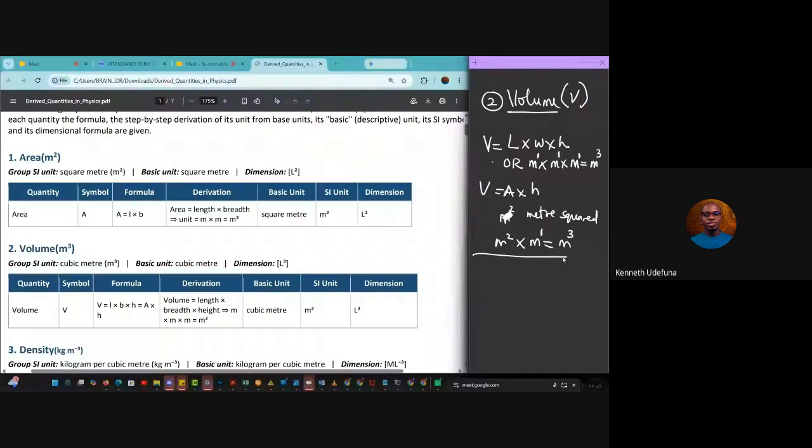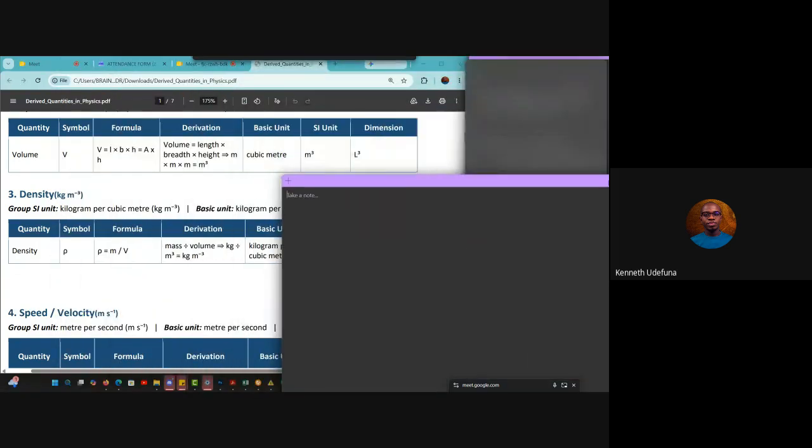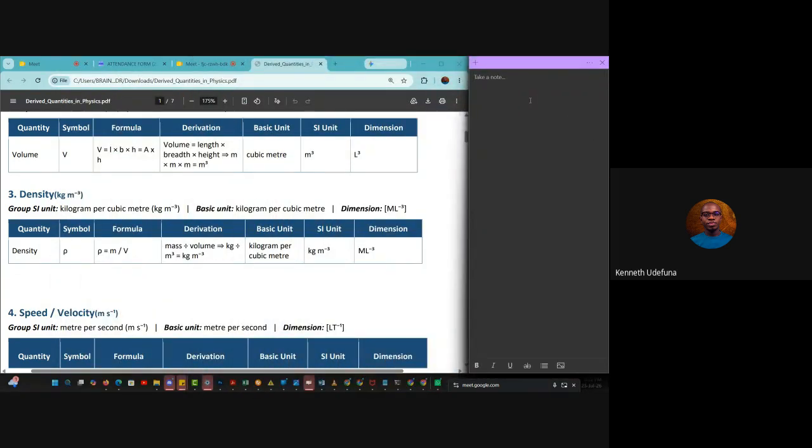Okay, so the next quantity that we have here is what we call density. Now, what is this density all about? I forgot to say something in this class.